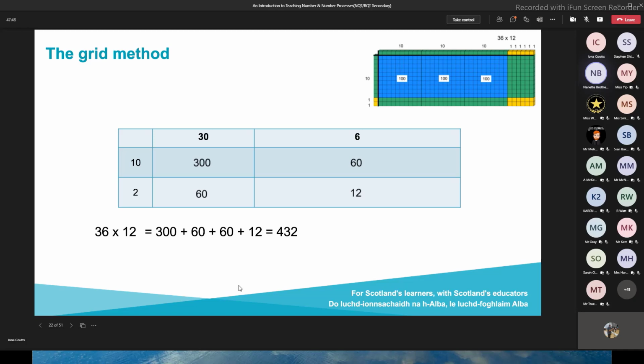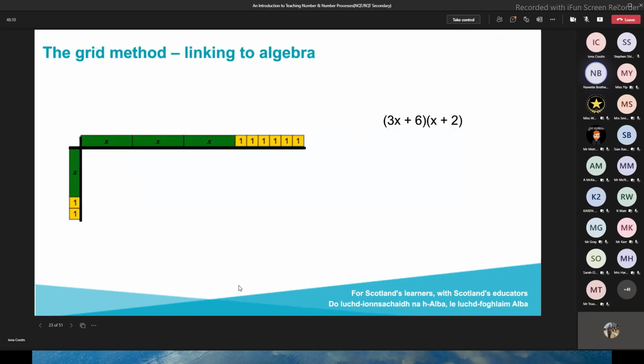So even if learners have moved on, after using this as an introductory step, and even if they have then moved on to using the standard algorithm, returning to some examples provides a good lead in to the next stage in algebra when we are multiplying two linear expressions. So we can see in this example that the process here is identical to the previous example where we did 36 multiplied by 12.